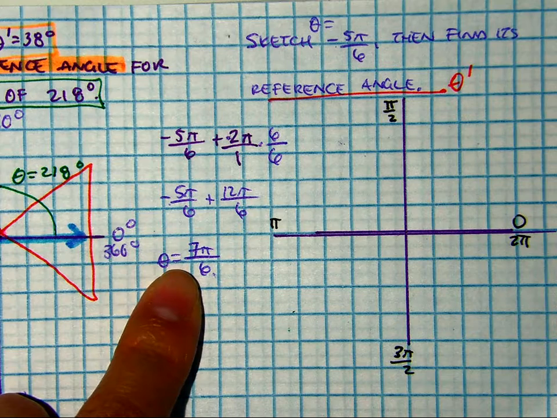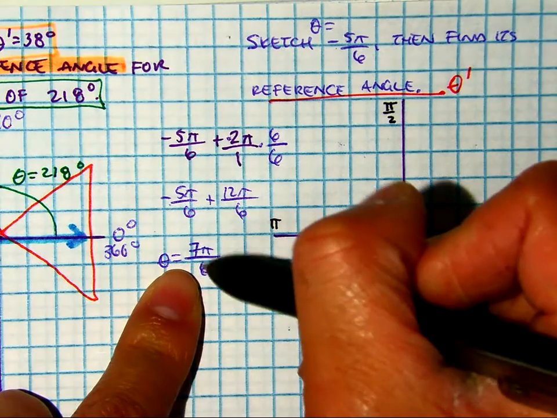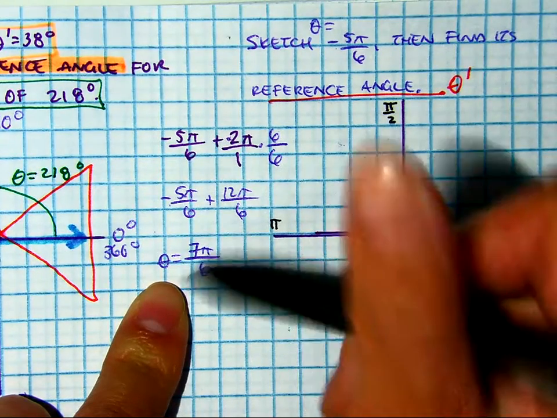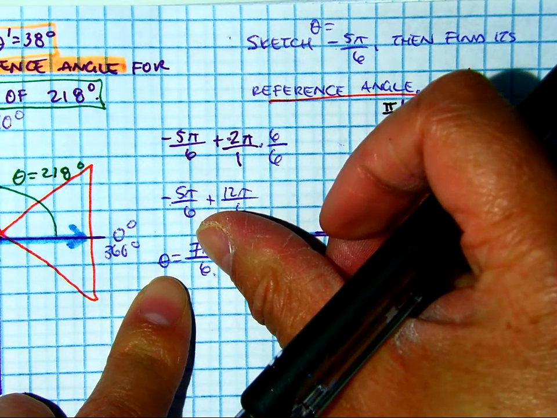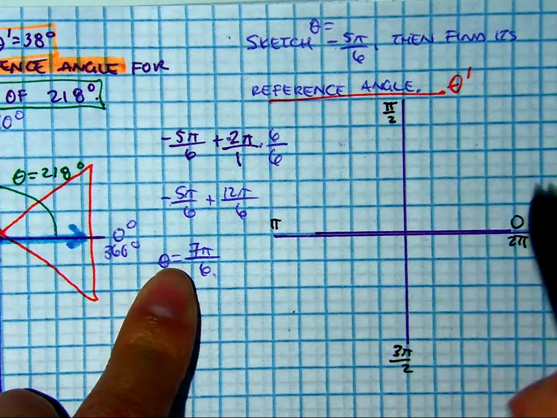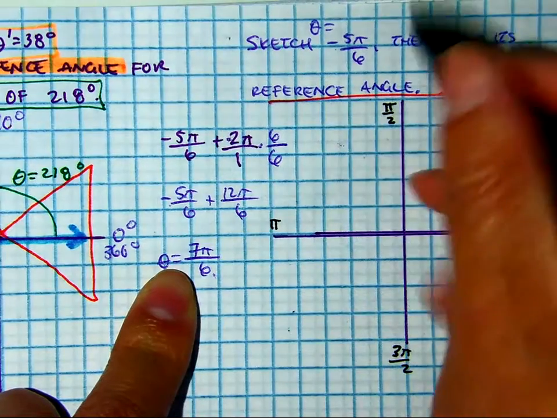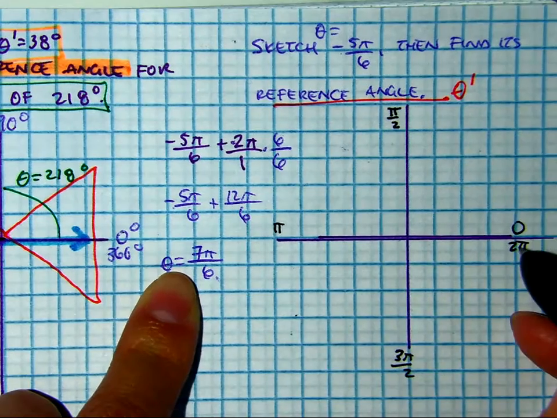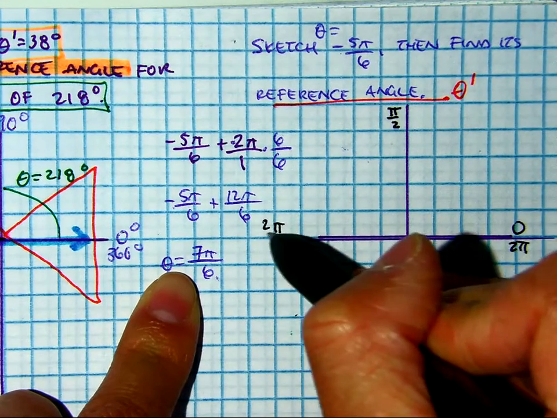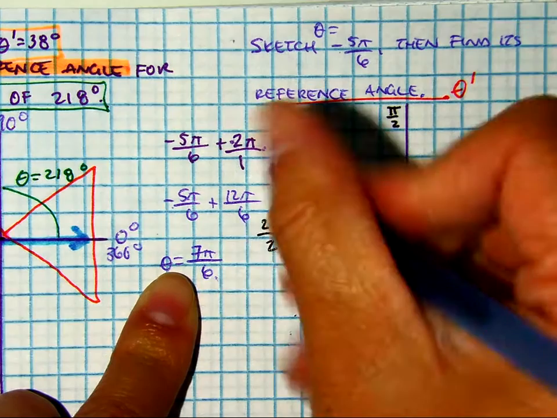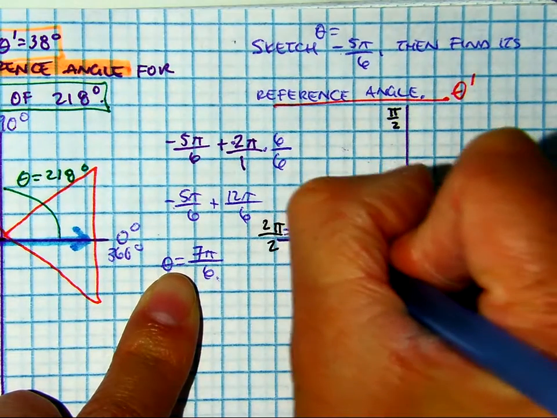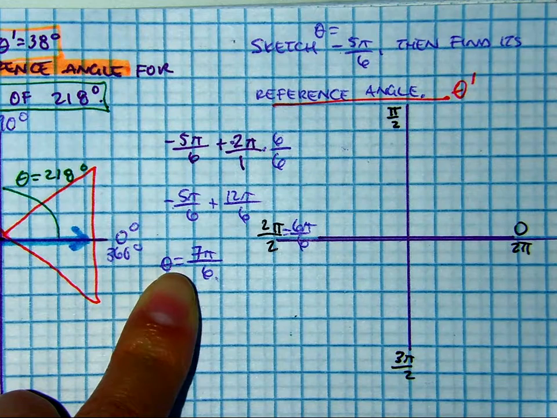Now, let's think about this. 7 pi over 6 is greater than 1. What do I mean? 7 divided by 6 is going to be 1 point something, right? So if you think about it, this over here is something like 2 pi over 2. Or something equivalent that might help you is 6 pi over 6. Do you see this?